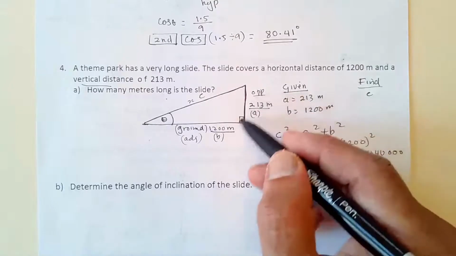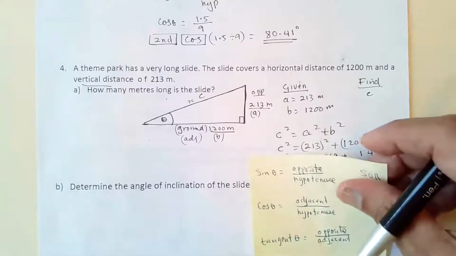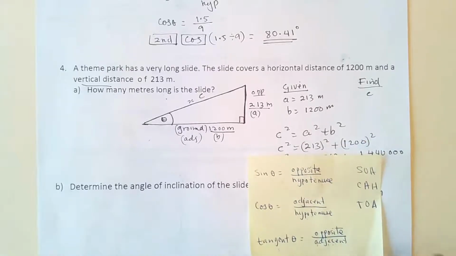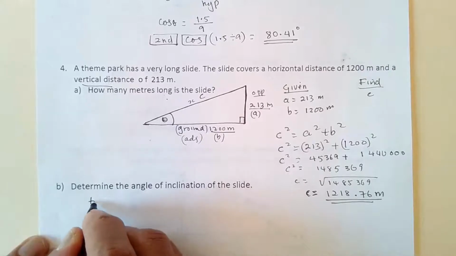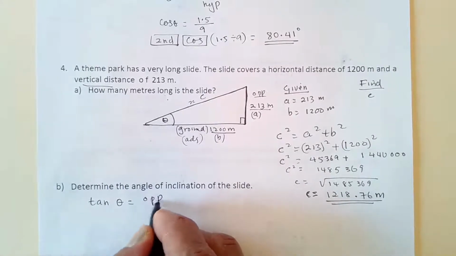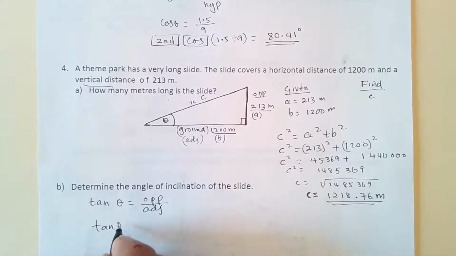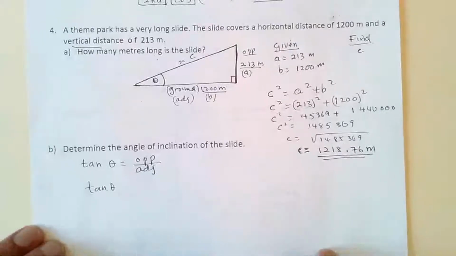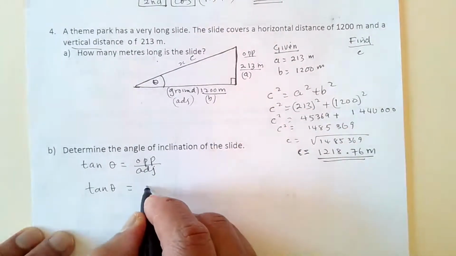So we have opposite and adjacent, and go back to our reference triangle. Opposite and adjacent is tangent. So we'll use a tan ratio. So we have tan theta is opposite over adjacent. Our opposite is 213.